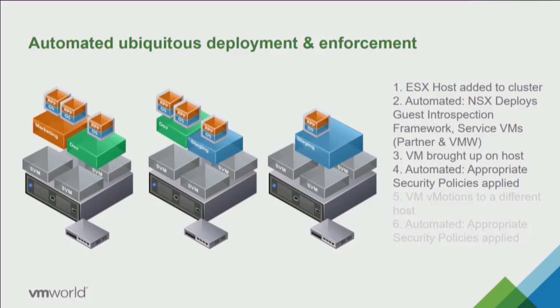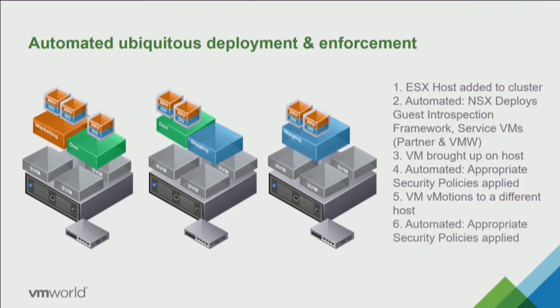Based on those attributes, the security group memberships, and the policies you've specified for those security groups, that will automatically be applied there. The same thing is true if a vMotion occurs. As soon as the VM moves over, we make sure it also gets the same policy.